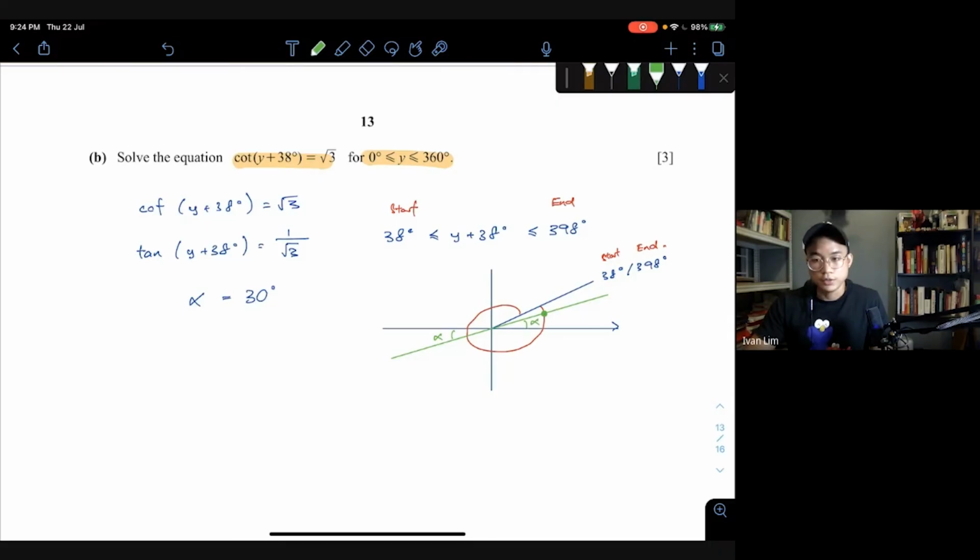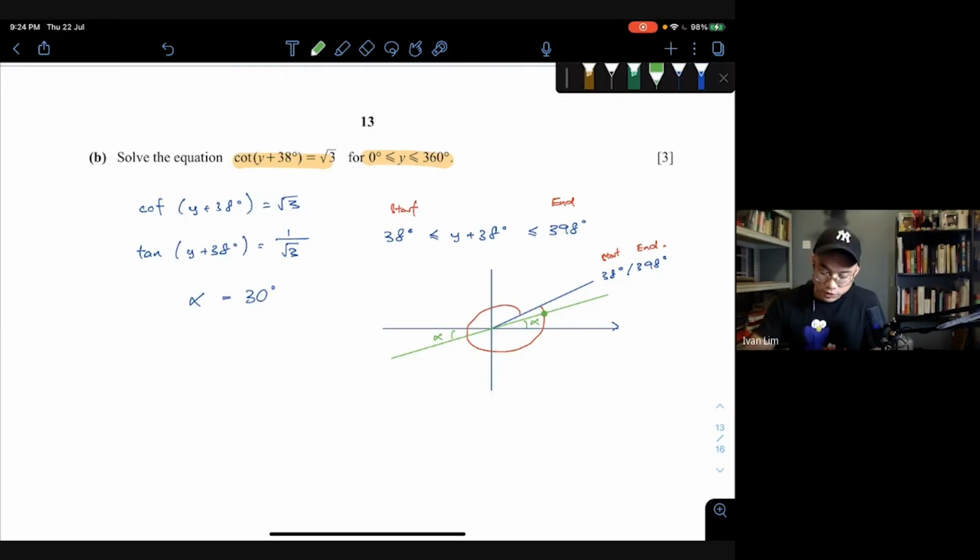Is it 30 degrees or not? It's not, right? It's not your alpha itself. It's actually 360 degrees plus 30 degrees.